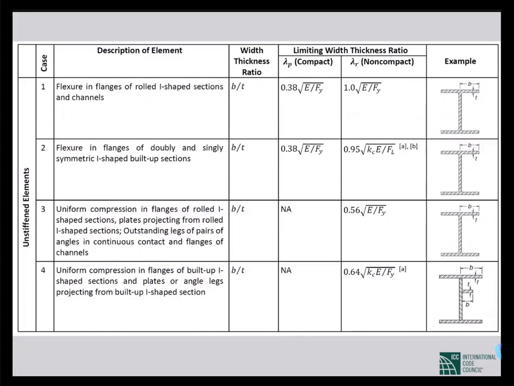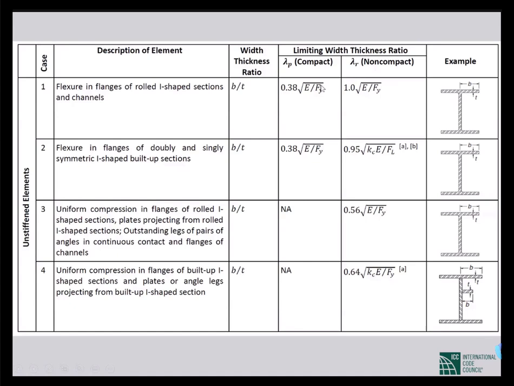And we check if a section is susceptible to local buckling or not. For checking that, we put some limits on these slenderness ratios. These limits are shown here, lambda p, lambda r. What they mean, I'll explain in a short while. So these are some limits.